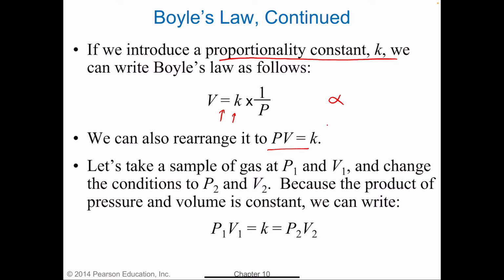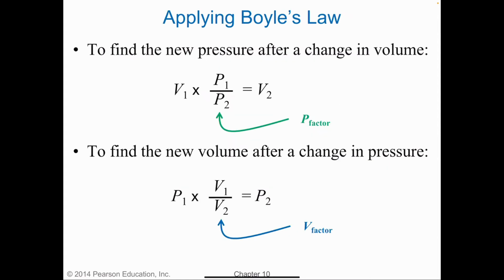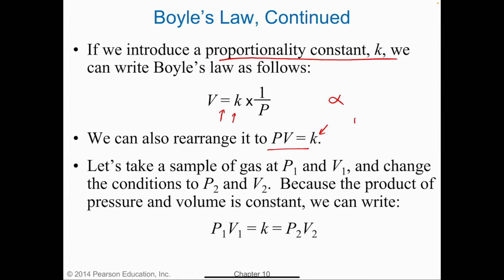K is just an arbitrary number, but we could talk about two different situations. P1 and V1 in trial one, or before we made a change. And then P2 and V2, the pressure and the volume after we made some sort of change, or in another trial.